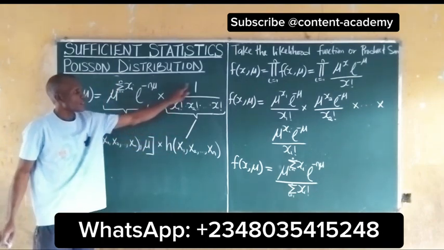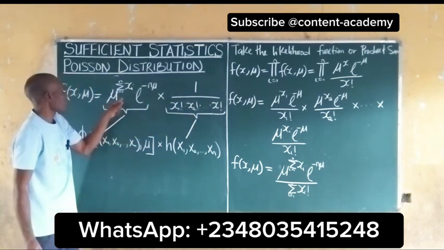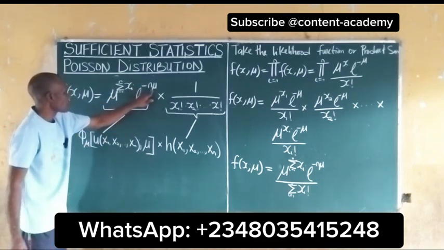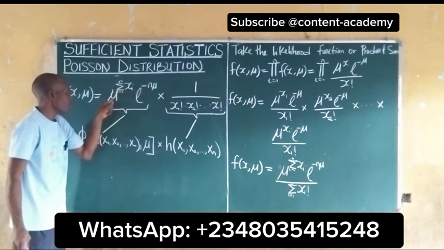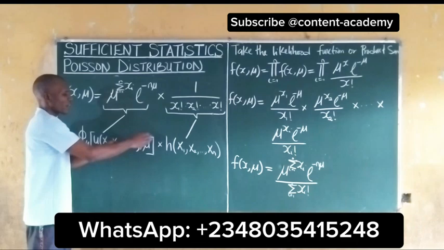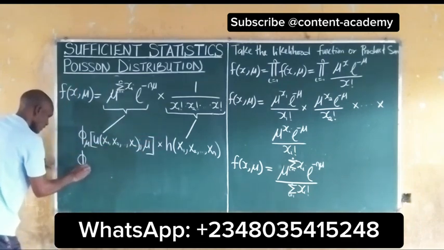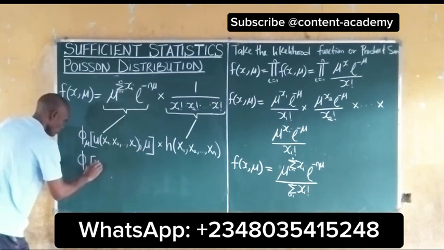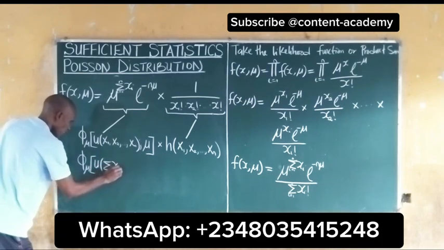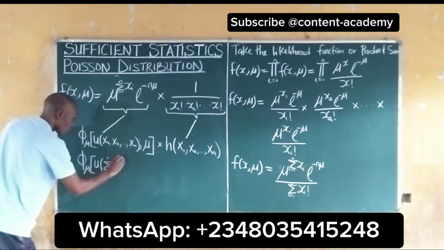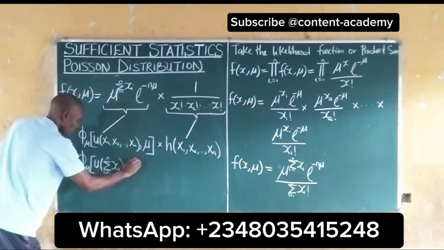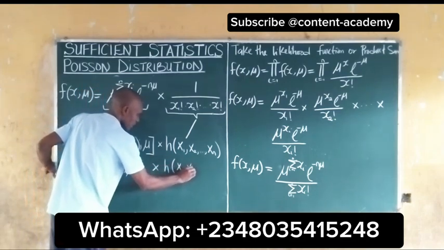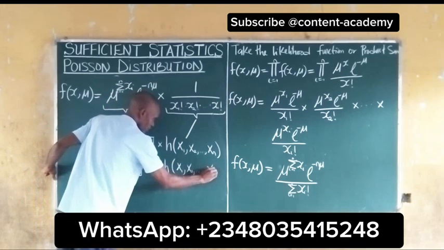Because the whole of this does not contain the parameter mu, while this contains the parameter mu. We can see mu here, we see mu here. So we've been able to factor this out, and this can be written as phi of mu, u of the summation of xi as i running from 1 to n, multiplied by h of x1, x2 to xn.